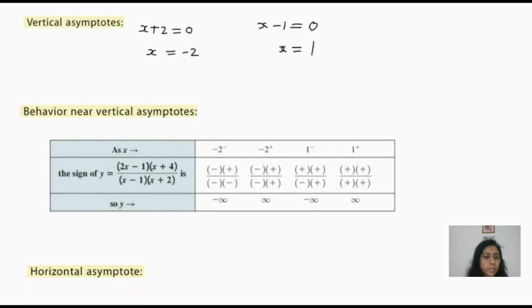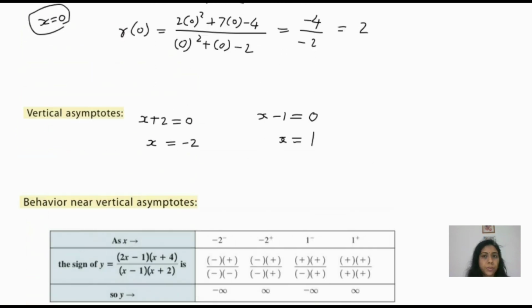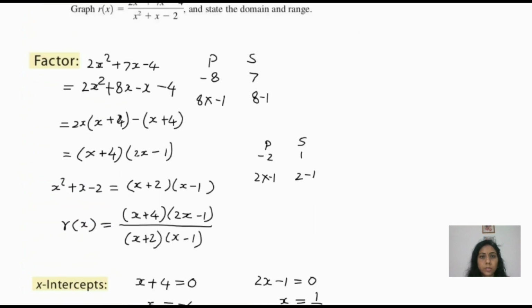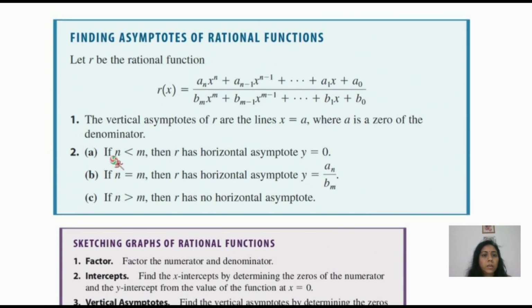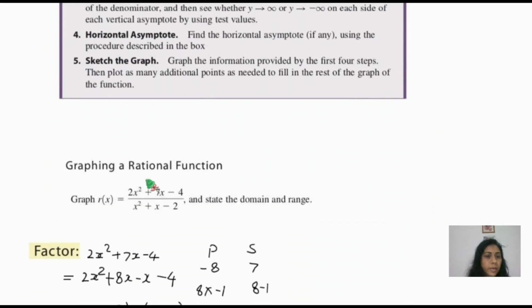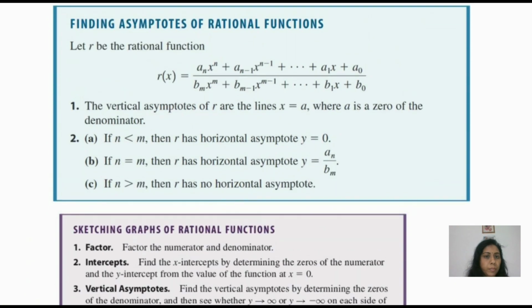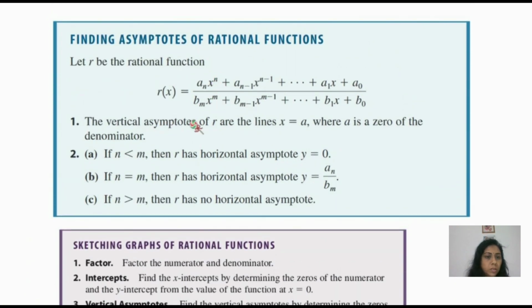And now find the horizontal asymptote. For this, if a rational function is given like that, with x to the power n and x to the power m, there are three conditions. So what is in our question? Here x squared, which means n equals m.